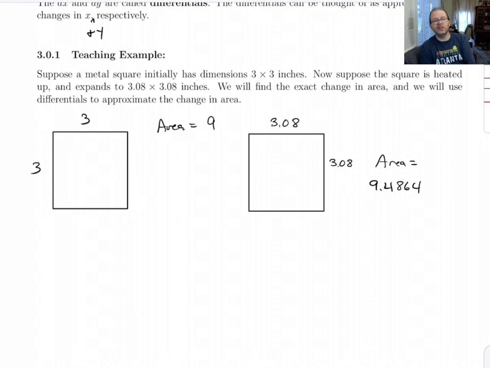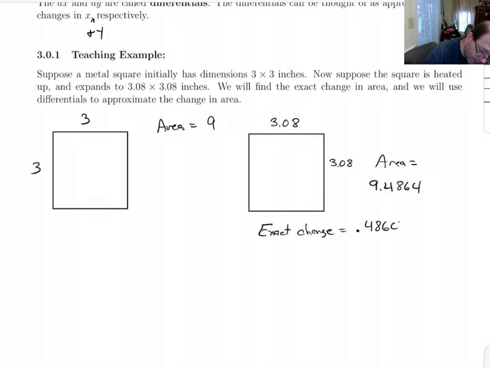Okay, so it increases in area by 0.4864 square inches. And so that's the exact change, 0.4864. And that's easy enough to do with this function. But with other functions, it can get a little messy. So let's look at how to do this with differentials.